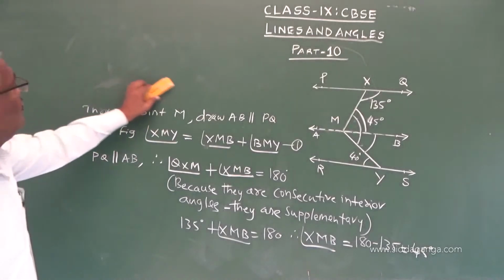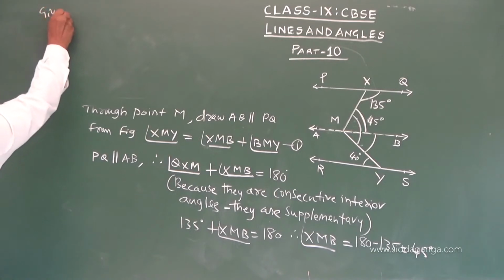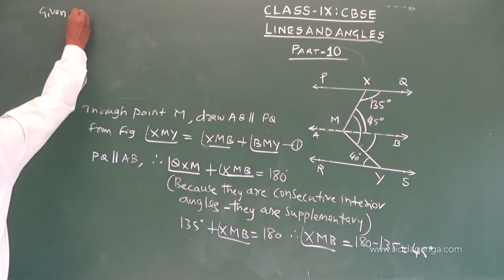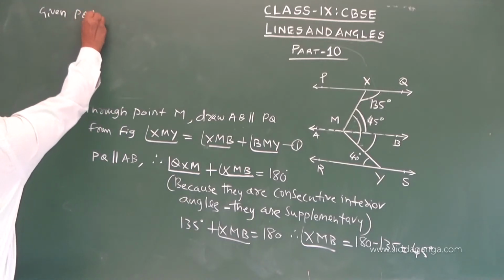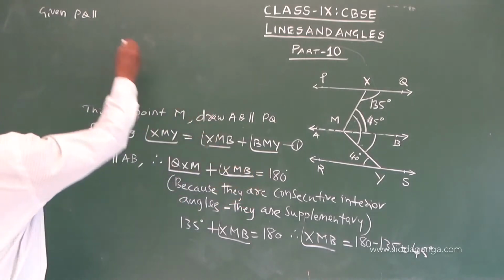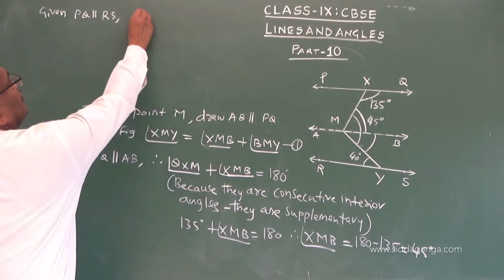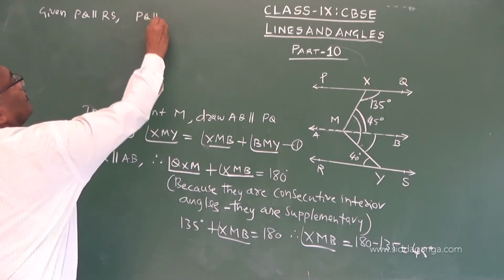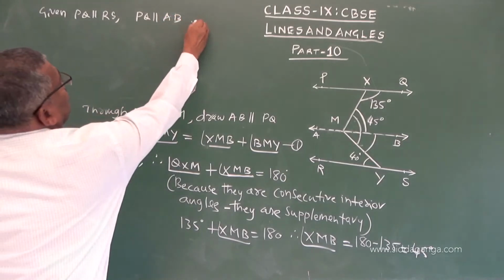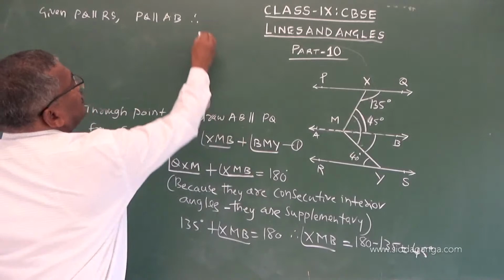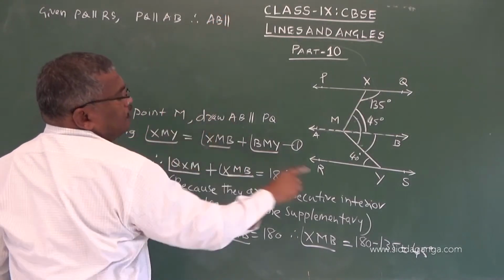So therefore, given PQ parallel to RS. So what we have drawn? PQ parallel to AB we have drawn. So therefore I can say AB is parallel to RS.